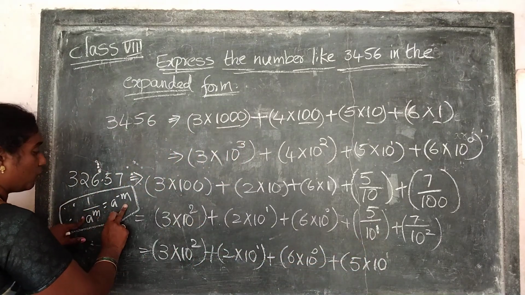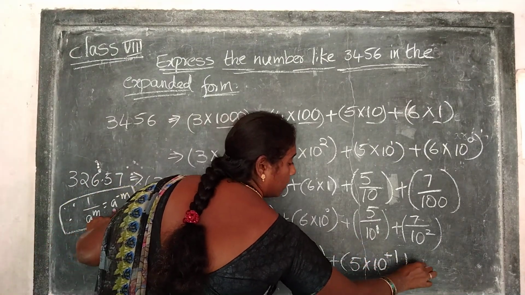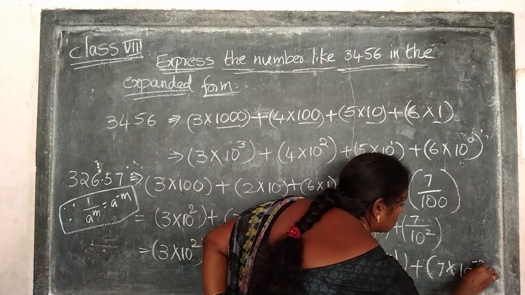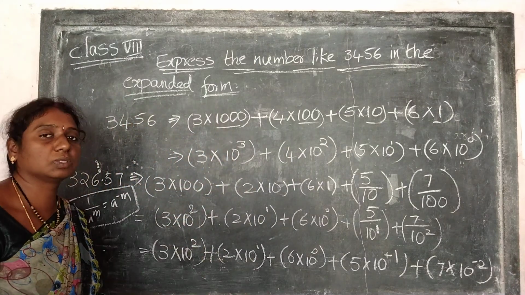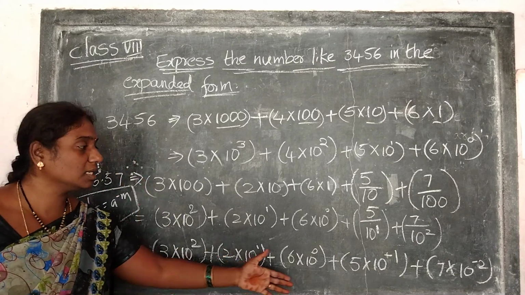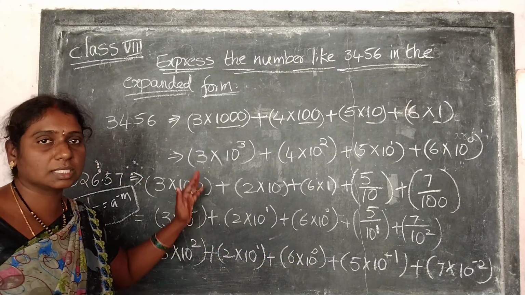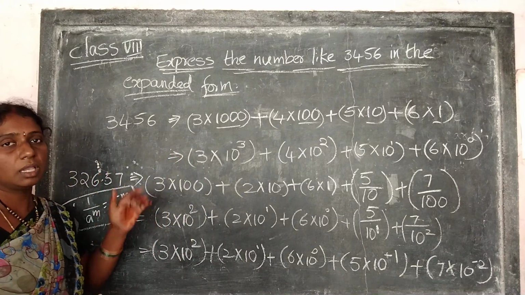So a power minus m means 10 power minus 1, plus 7 into 10 power minus 2. After the decimal point, the values are converted to minus powers. So in decimals we represent the values in minus form. Understood all of you?